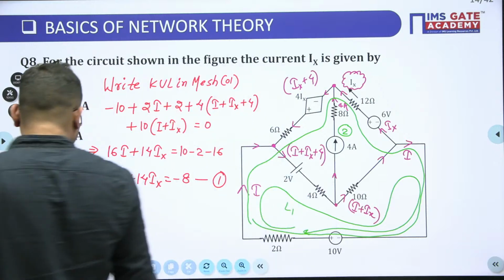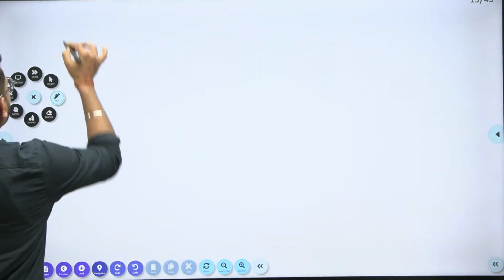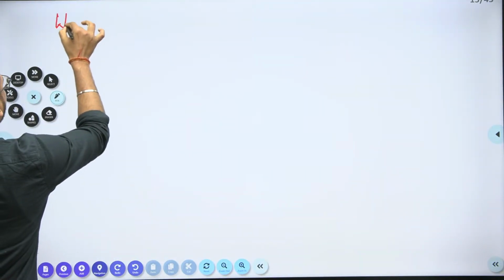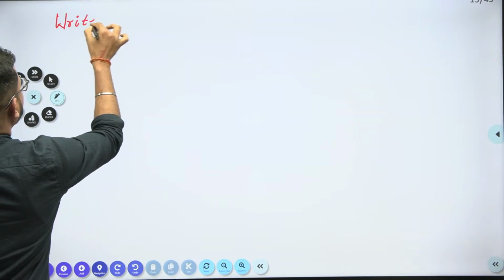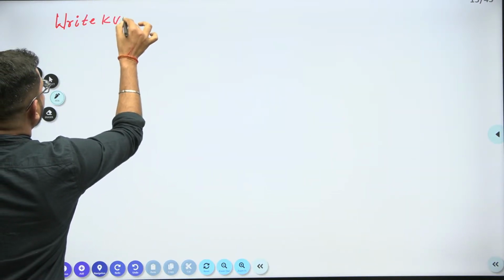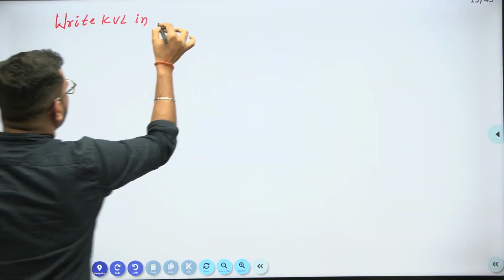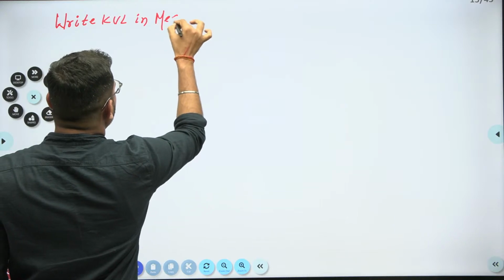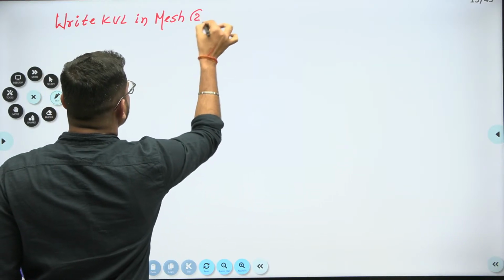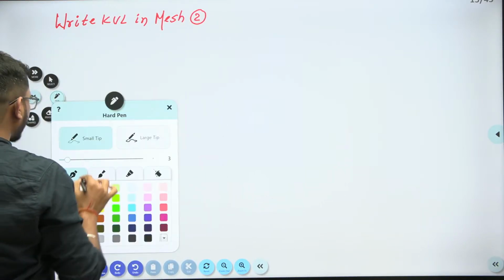So let us again write KVL in mesh 2, guys. Is it clear? So what do we have actually?